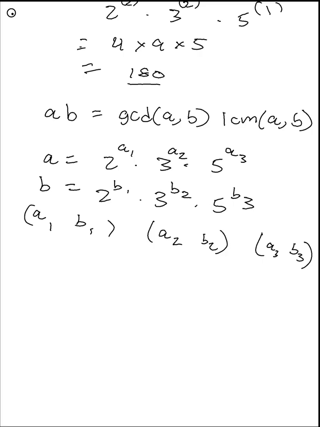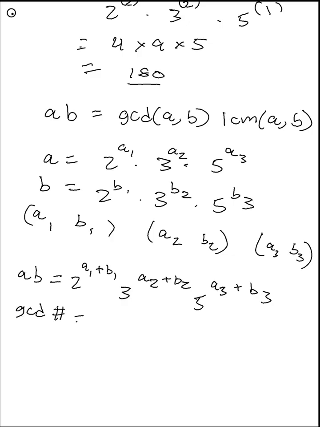So when we actually multiply the two numbers out, so a times b, we pretty much have 2 to the a1 plus b1, because exponents add, 3 to the a2 plus b2, and 5 to the a3 plus b3. In our GCD, let's just say a1 is smaller than b1, a2 is smaller than b2, a3 is smaller than b3.